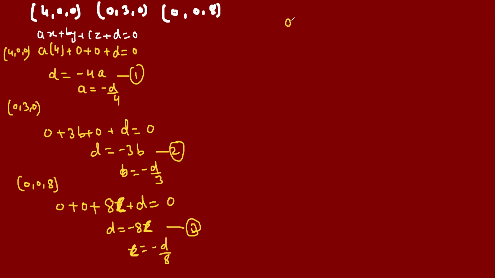What is your general equation? What is A? Minus D by 4 x, right? What is B? Minus D by 3 y. What is C?